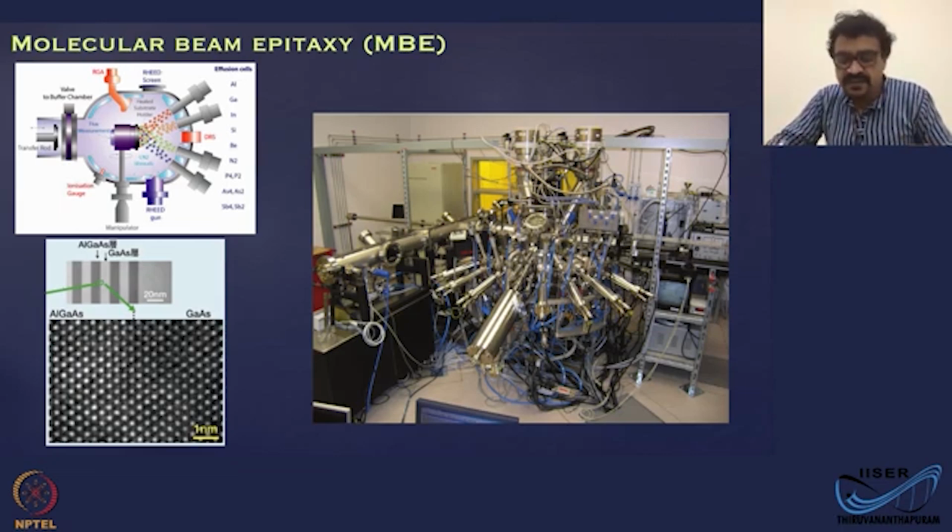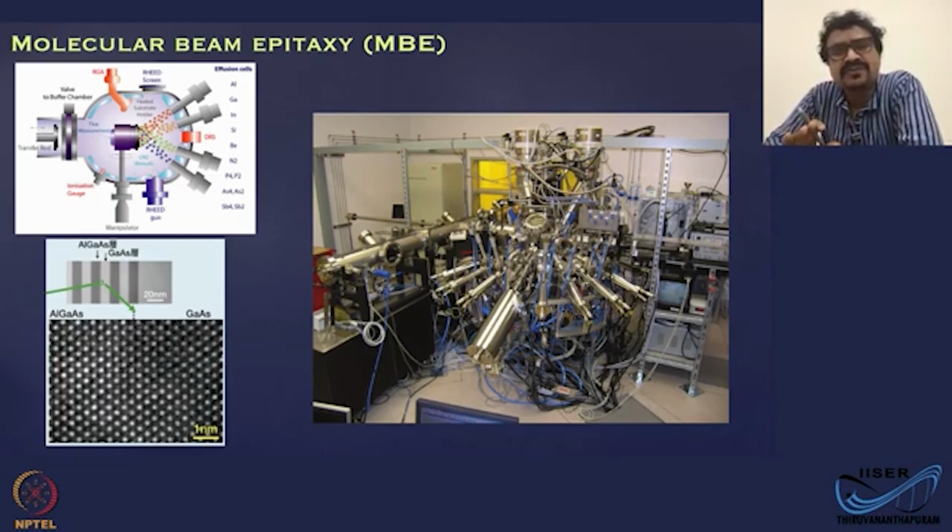The first process is called molecular beam epitaxy, MBE. It is very similar to a physical vapor deposition system, where you have various pockets which are generally called effusion cells.